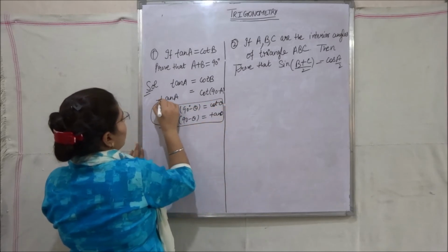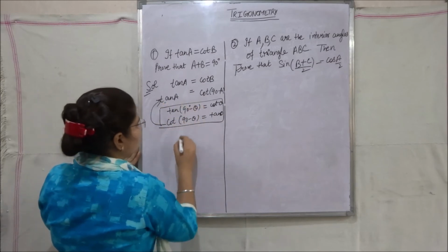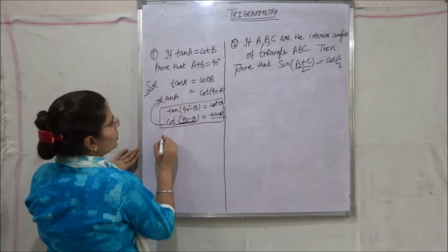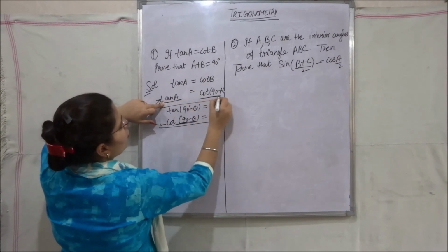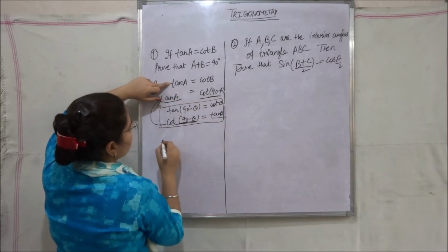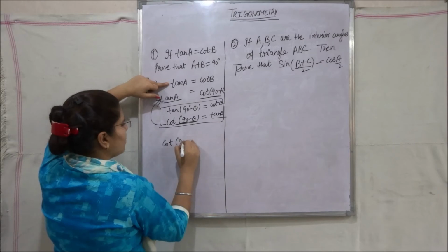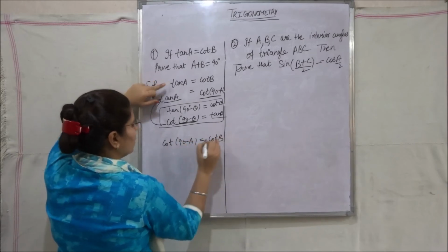So we apply this identity: cot of 90 minus theta equals tan theta. Put tan A equals cot of 90 minus A in the above equation, that is cot of 90 minus A equals cot of B.